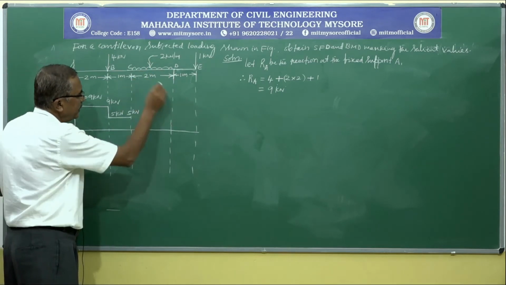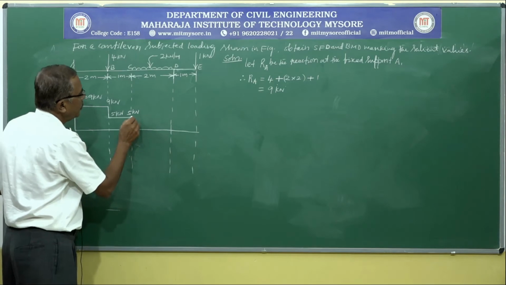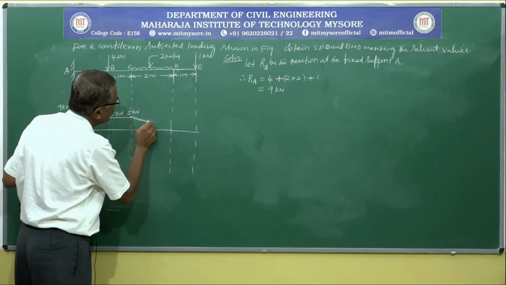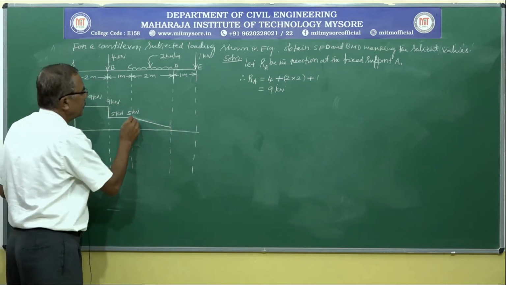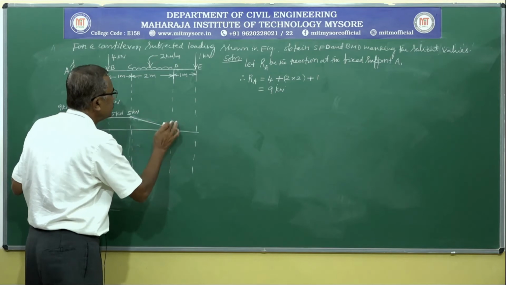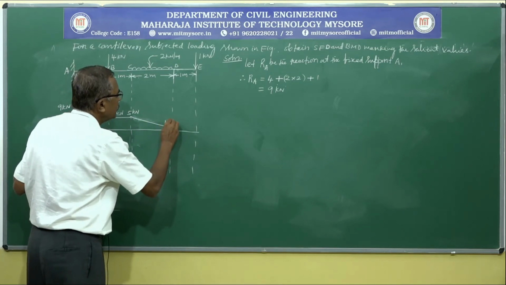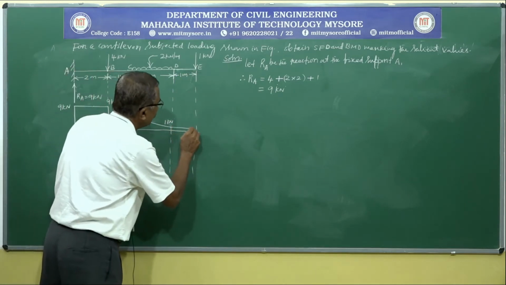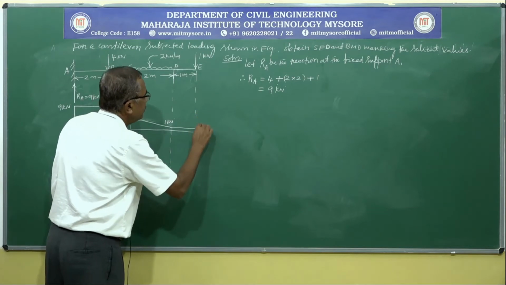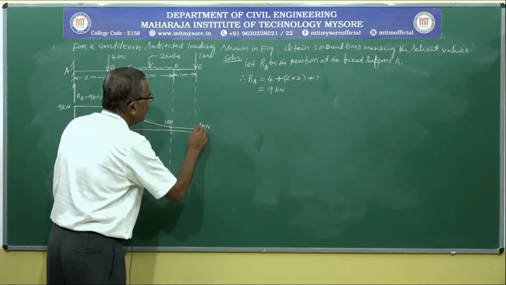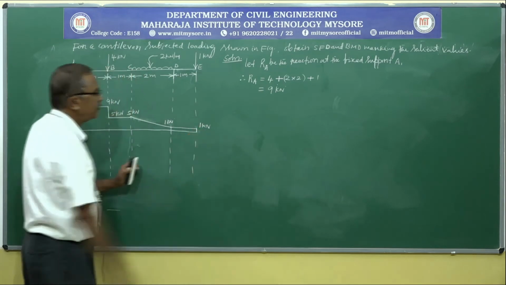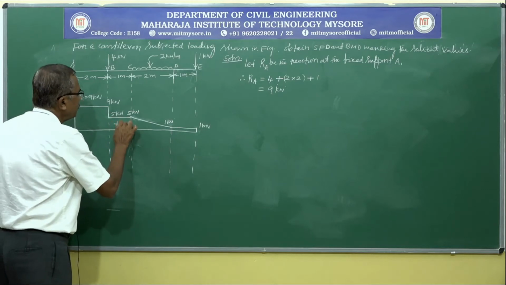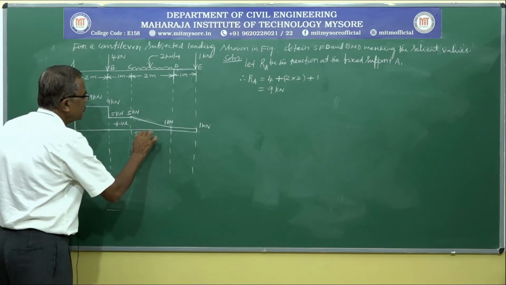Come down between C and D linearly by 4 kilonewton. Here it is 5 minus 4, 1 kilonewton. Between D and E no load, this is a horizontal line. At point E there is a point load acting in the downward direction, come down and join with the reference line. So with the shear force diagram above the reference line positive, this is our shear force diagram.